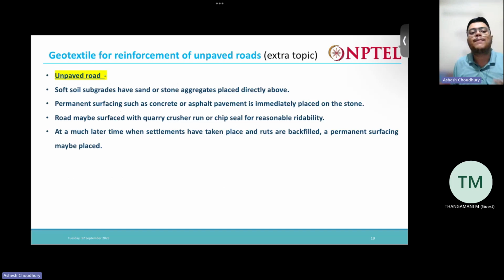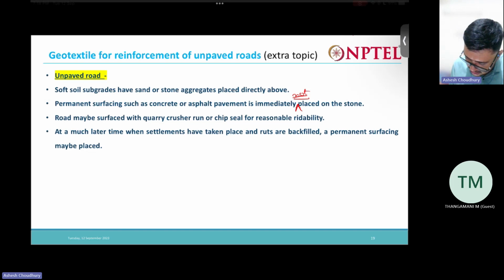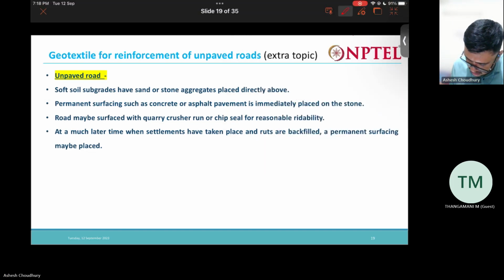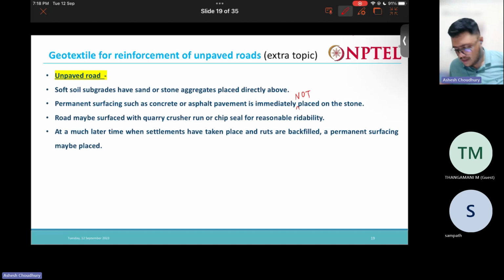No permanent surfacing such as concrete or asphalt pavement is immediately placed. The road may be surfaced with quarry crusher run or a cheap seal for ride quality, so that we have reasonable rideability and the vehicles will move easily.